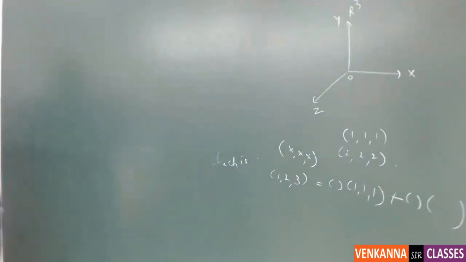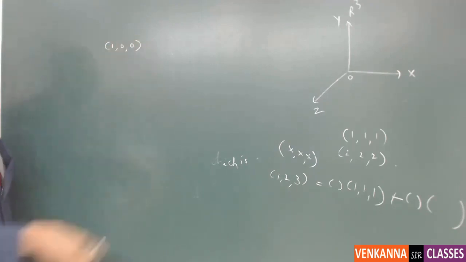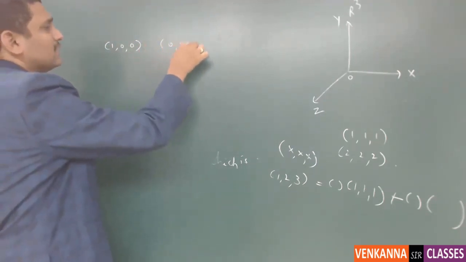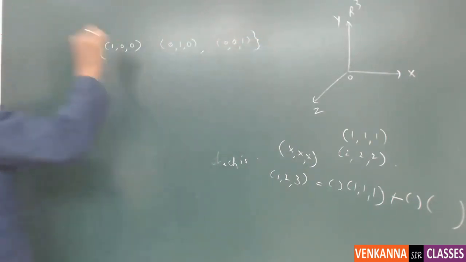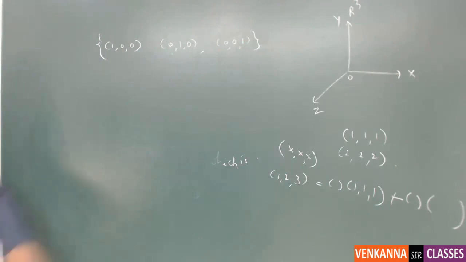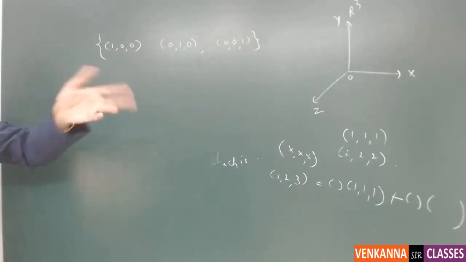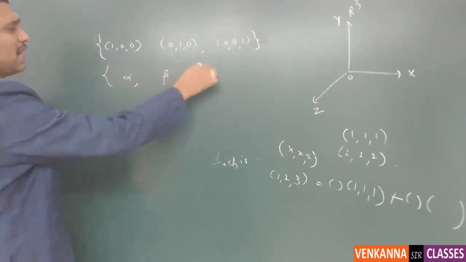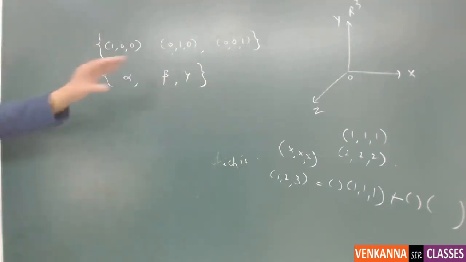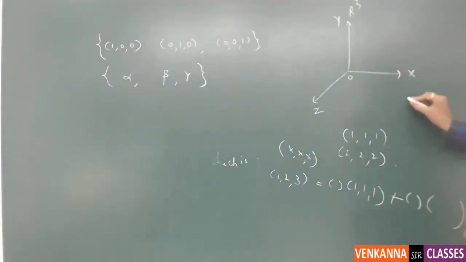Very simply, the x-axis we represent as (1, 0, 0), the y-axis as (0, 1, 0), and the z-axis as (0, 0, 1). Not only this, you can find so many bases for R cube. If there is another set with alpha, beta, gamma as vectors, and it is also a basis for R cube, it means that you have found a new coordinate system.